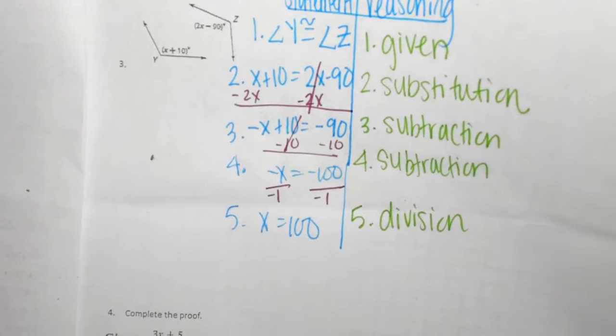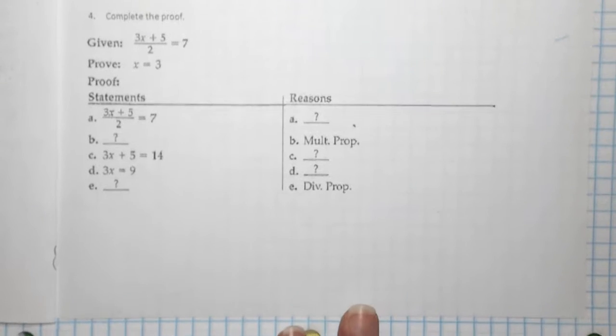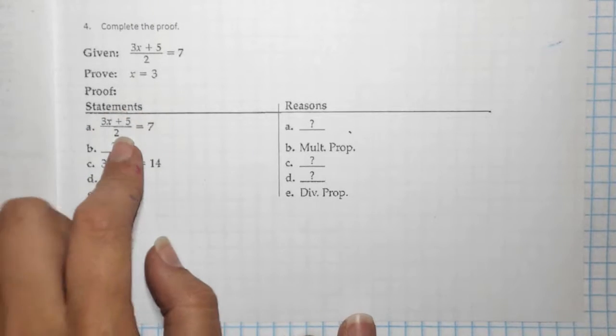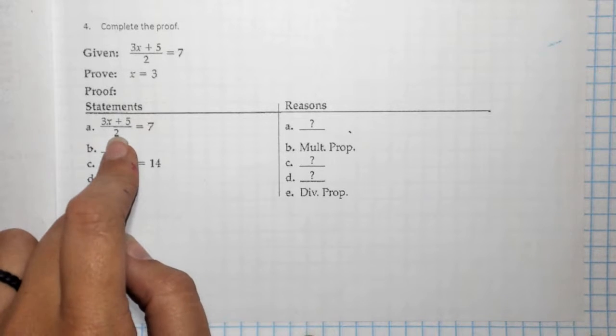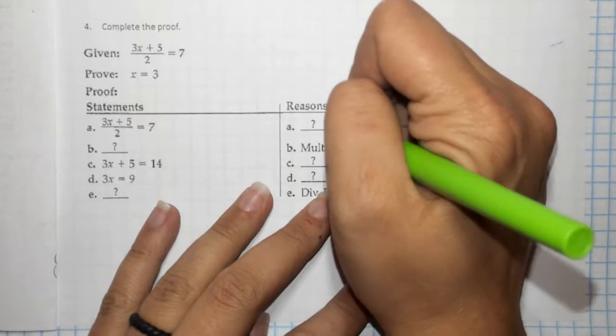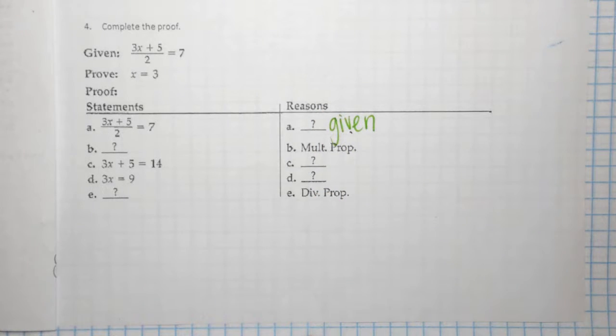Now, let's look at number 4, and then we're going to do our exercise for today. Now, what did they start with? So what are we going to put right here?